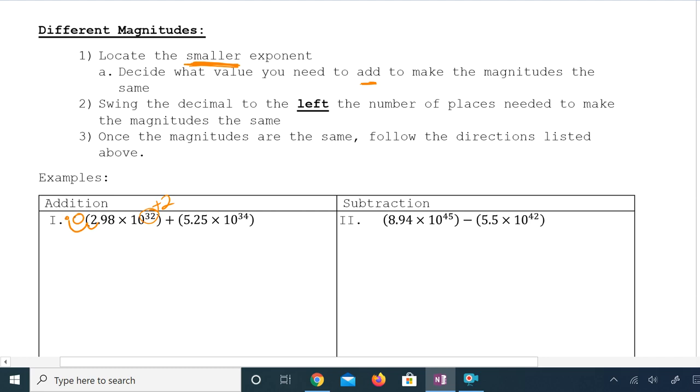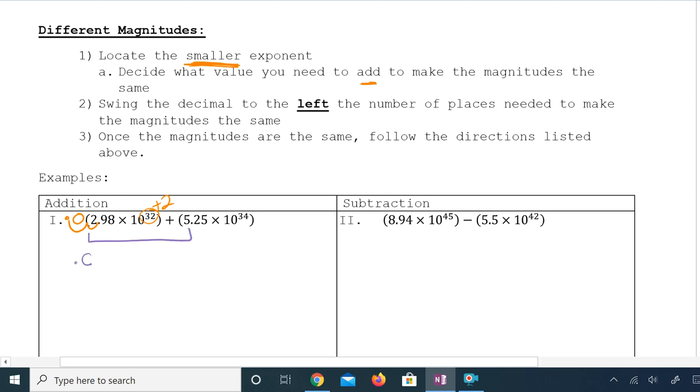While this does take this out of scientific notation form, it's necessary to do that to be able to add or subtract in scientific notation. So once I do that, I am then able to add 0.0295 plus 5.25, which are my significant digits.